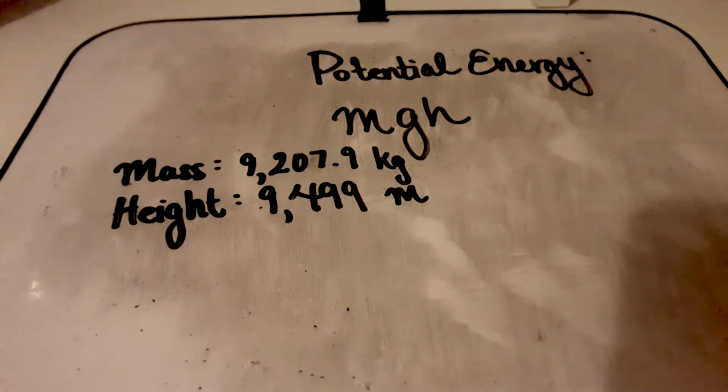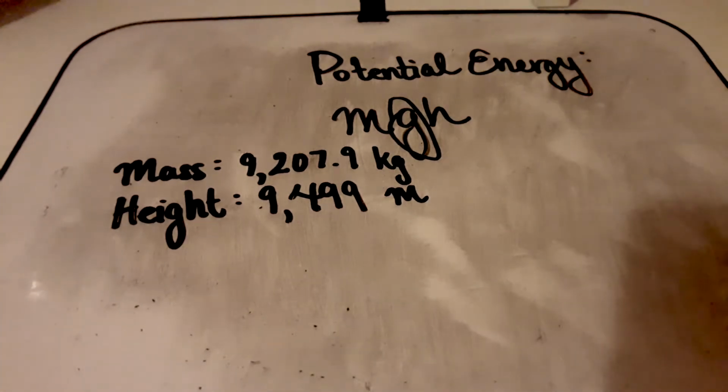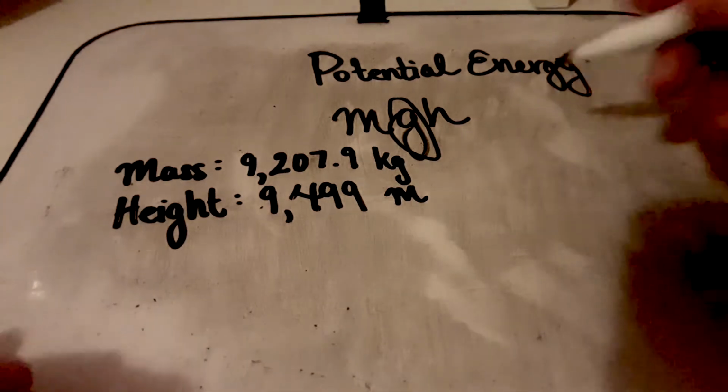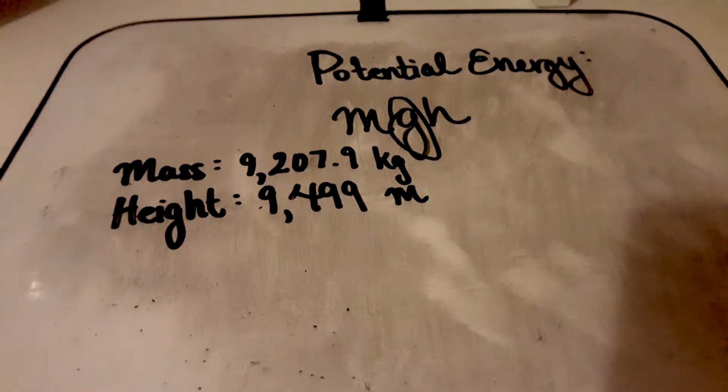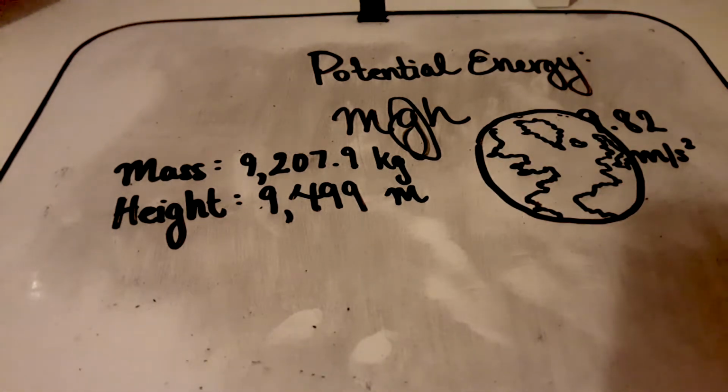But now the mystery is: what to put for the gravity? Well, we know that the gravity on Earth is 9.82 meters per second squared. That's how fast any object on Earth will accelerate.